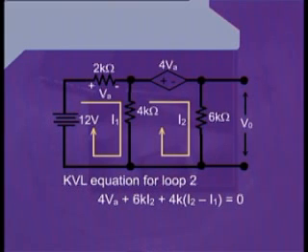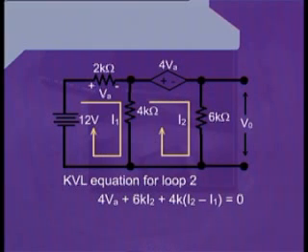After writing this, we reach the 6 kilo ohm resistance, and we have already defined that the current I2 is passing throughout this mesh. Therefore, the voltage drop across the 6 kilo ohm resistance can be written in terms of resistance and current as 6K I2. Writing this term, we reach the boundary branch of the mesh.